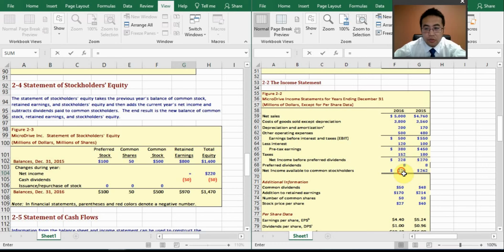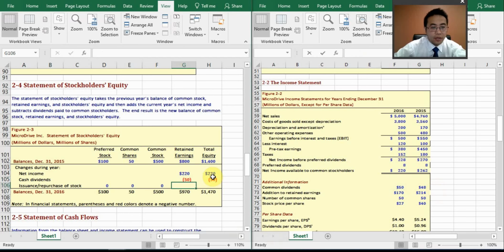And it's 220, it's right here. And you also have cash dividends, and you have to put a negative sign in front of it. I'm not sure if you can see it very clearly, but I did put a negative sign in front of it, and then I link this common dividend.